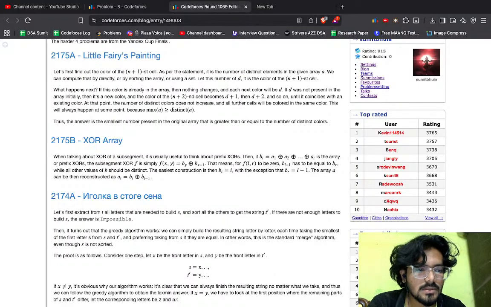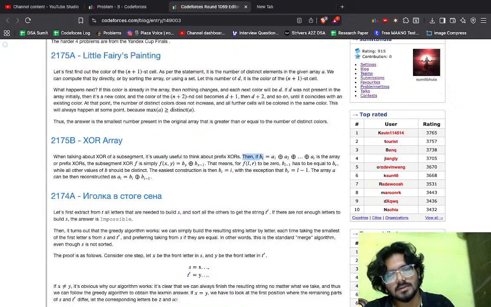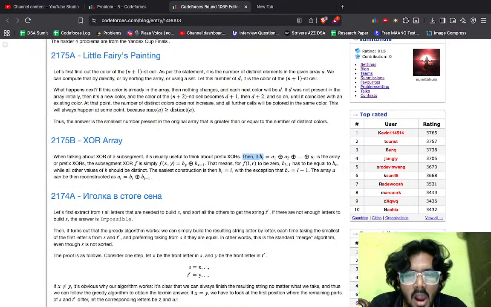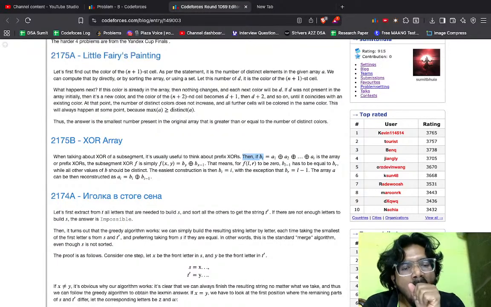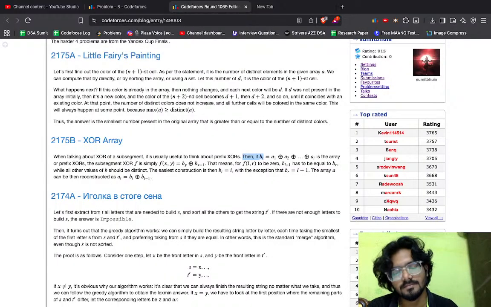While talking about XOR of a subsegment, it is usually prefix. Okay. Then if bi, what is b? Which array is b then? Okay, we are using b to calculate fx.